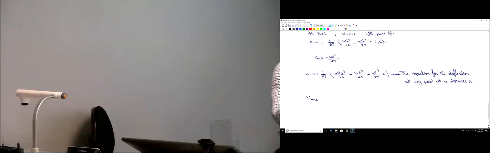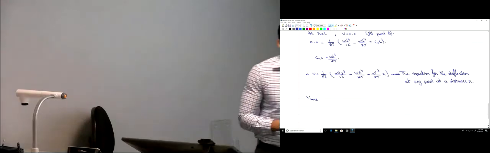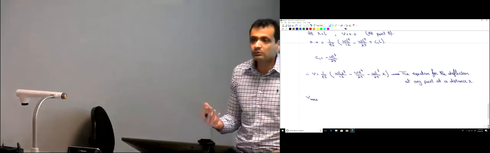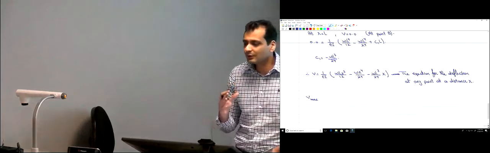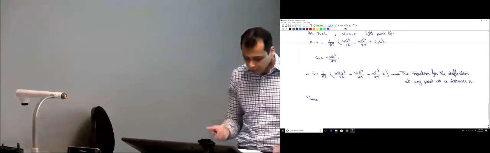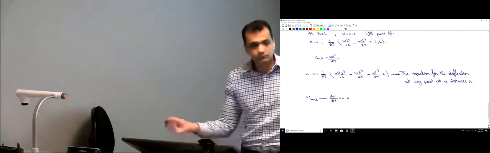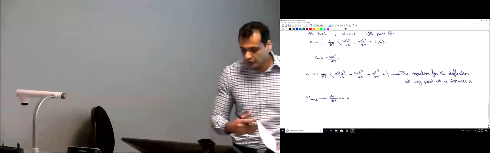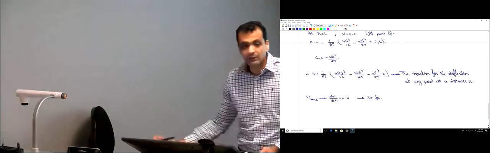By visual inspection, it's right in the middle of the beam. If you're not satisfied with this visual inspection, how would you find V maximum? V maximum happens at the point where dV by dx is equal to 0. So you just differentiate this, equate it to 0, and find the location. You will find that it's at x equal to L divided by 2, just the middle of the beam.